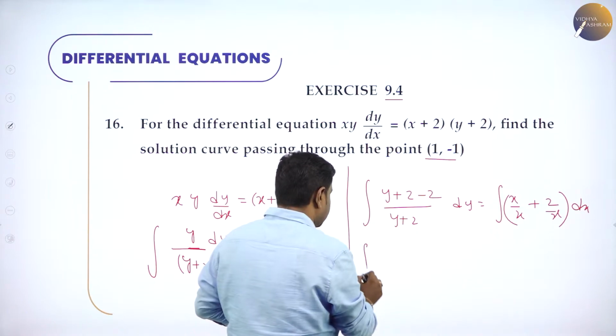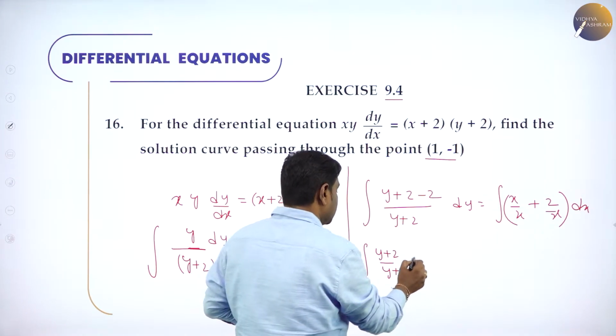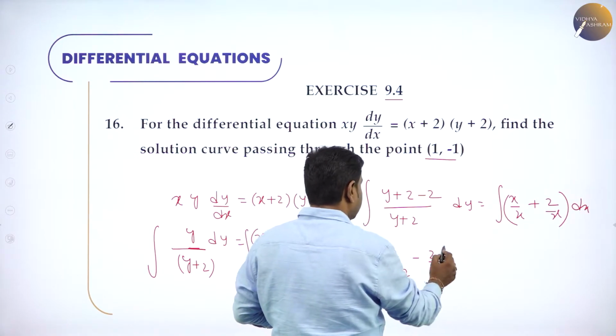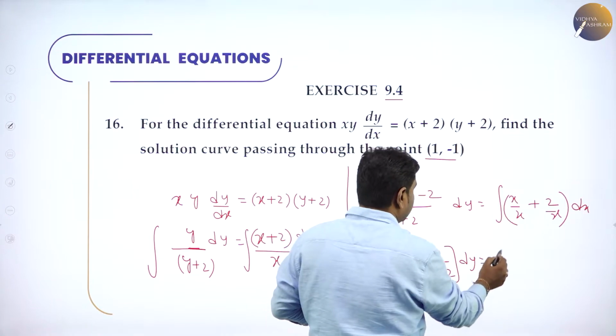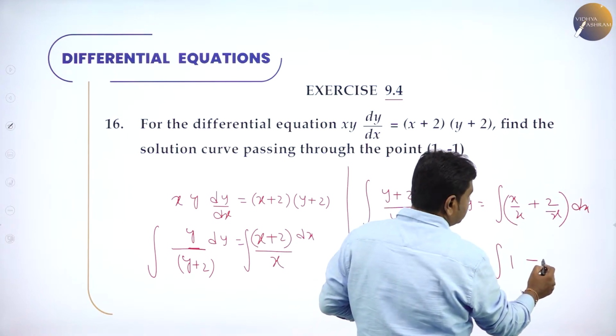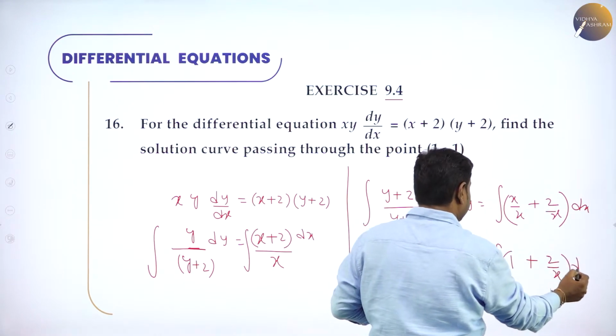So this can be written as (y plus 2) divided by (y plus 2) minus 2 divided by (y plus 2) into dy. On the right, the x cancels, it will be 1 plus 2 by x dx.